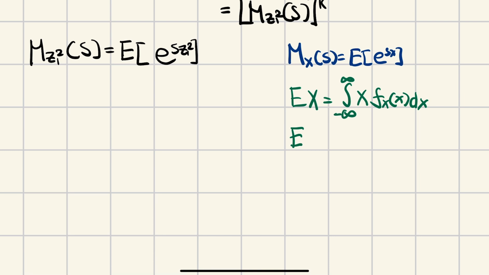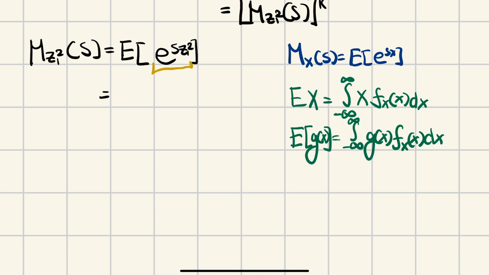And the expectation of a function of x is basically the same thing, but you replace x with g of x. In this case, e to the power of s z1 squared is basically just a function of z.